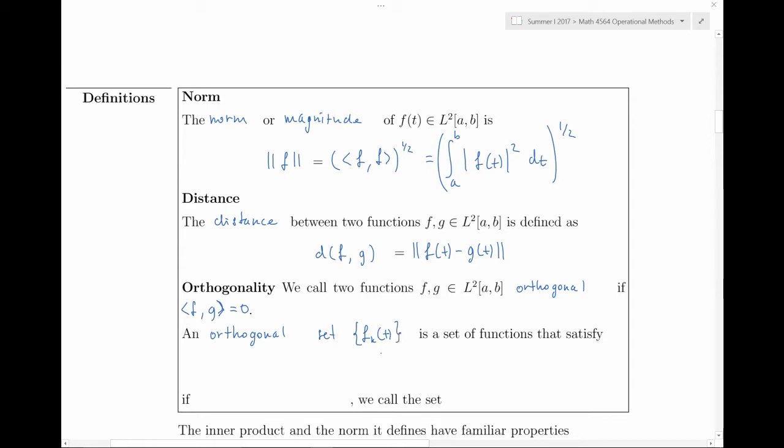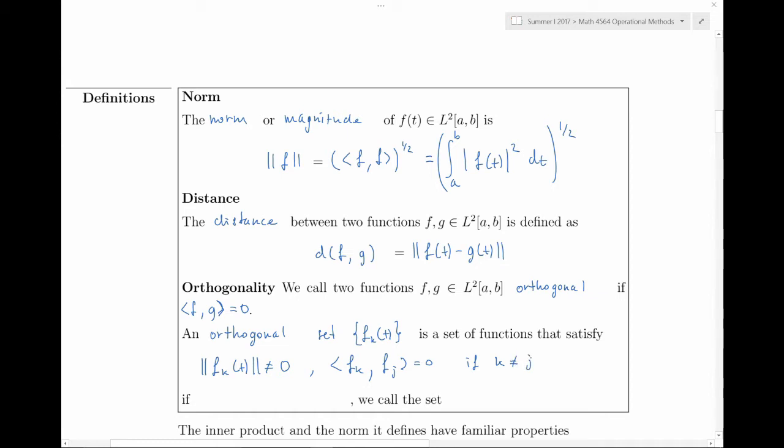An orthogonal set is a set of functions, fk of t, that satisfy that the norm of each fk of t is not 0 for each k, and also the inner product of fk with fj should be 0 if k is not equal to j.